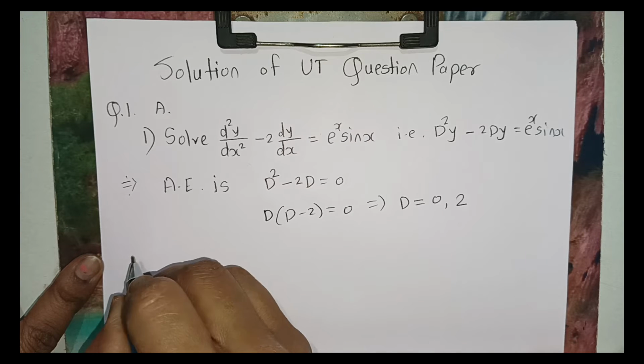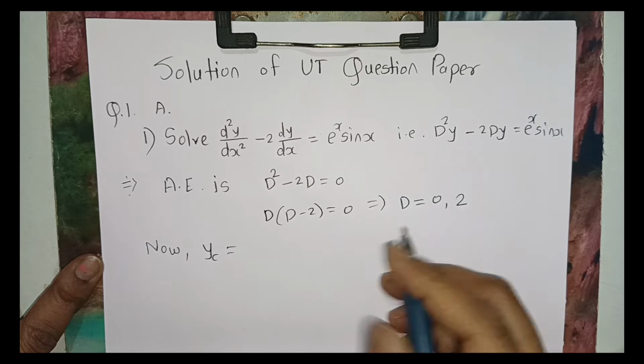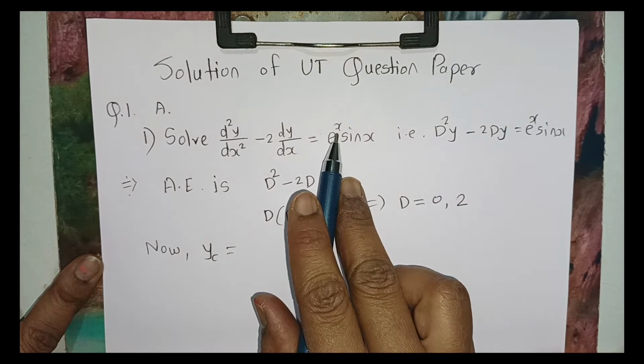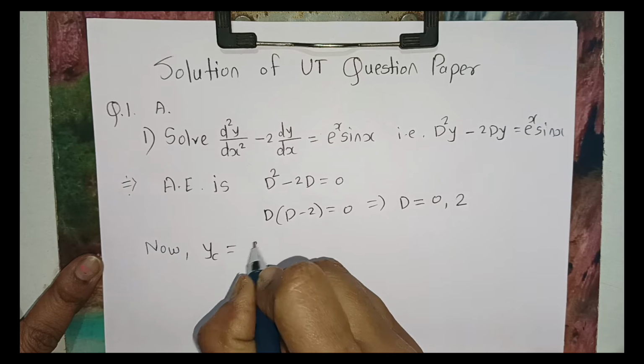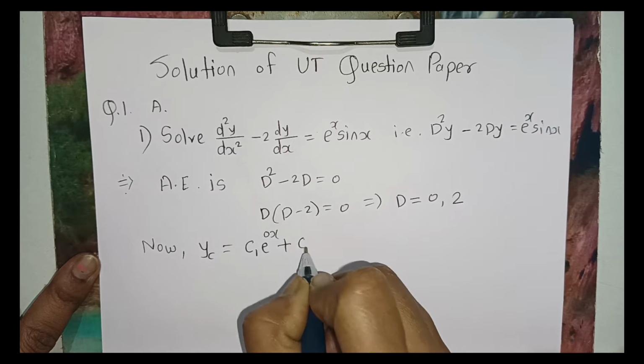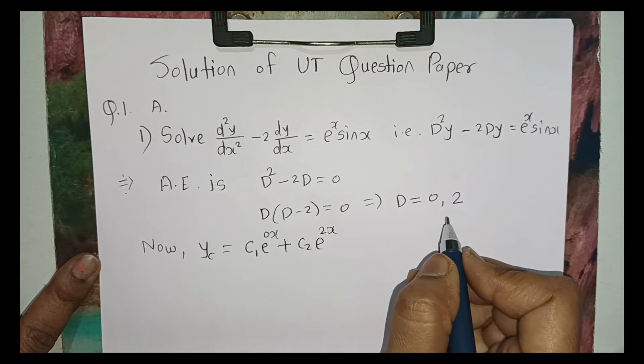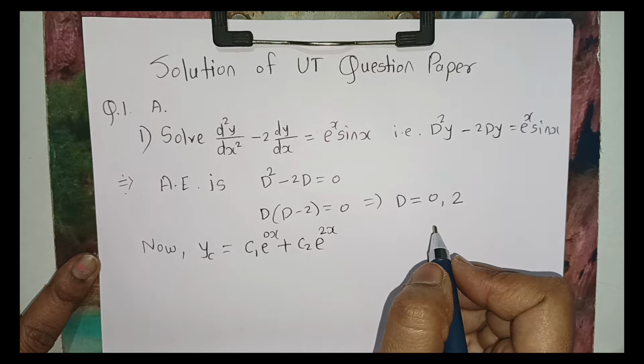Now what is yc? The independent variable is x, so yc is c1 e^(first root times x) plus c2 e^(second root times x). The roots are real and distinct.